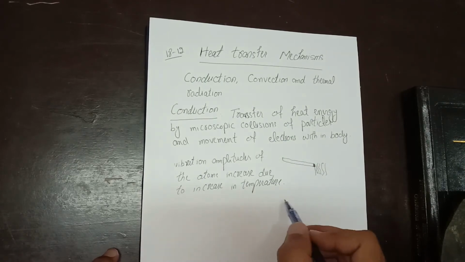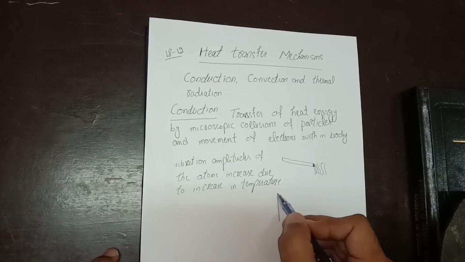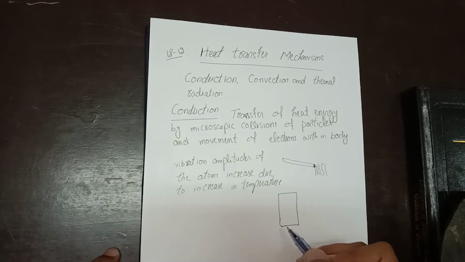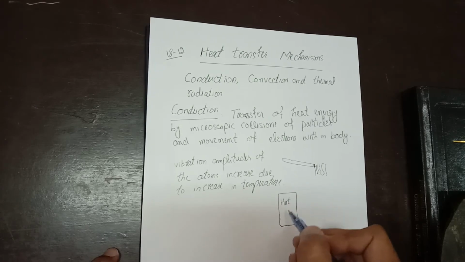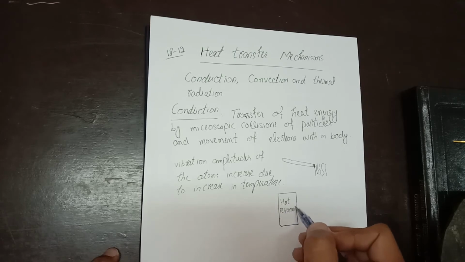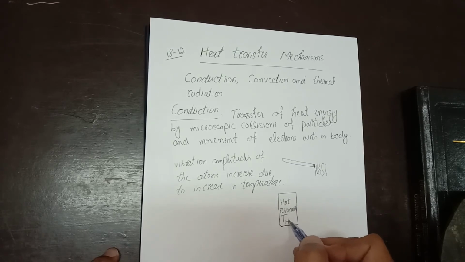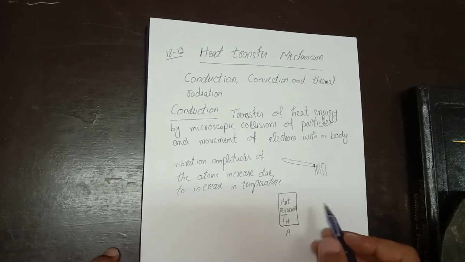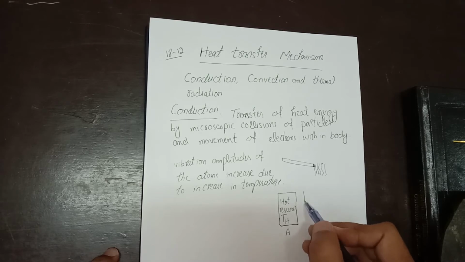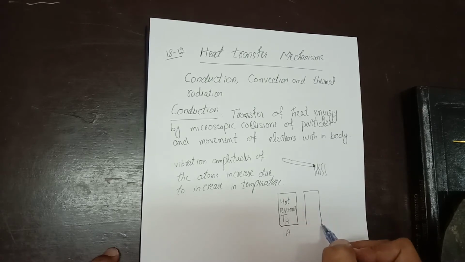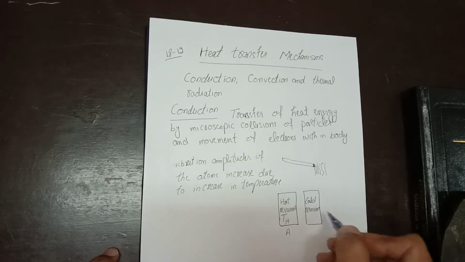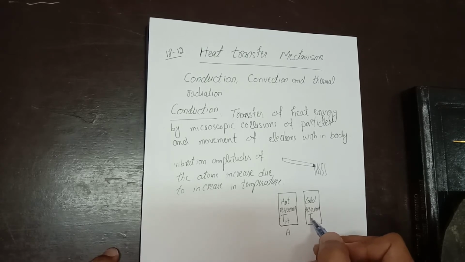Let's take a system. Suppose this is a reservoir known as hot reservoir, which is maintained at a temperature TH, and suppose A is the area of this reservoir, and it is connected with this cold reservoir which is at temperature TC.